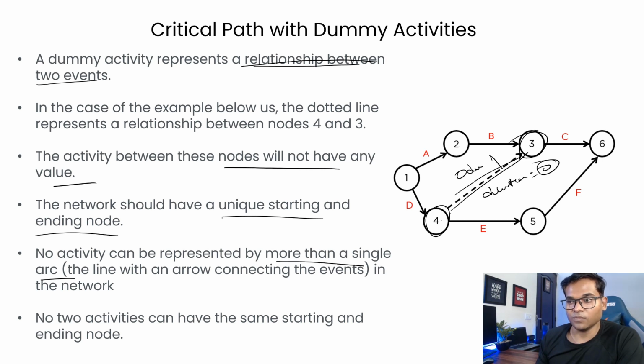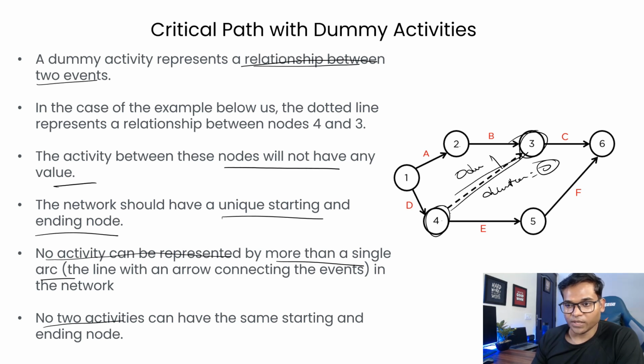That's important, which we will see in our example, how there are various possibilities when you have non-converging preceding events, and how you can converge them by utilizing the dummy activity.